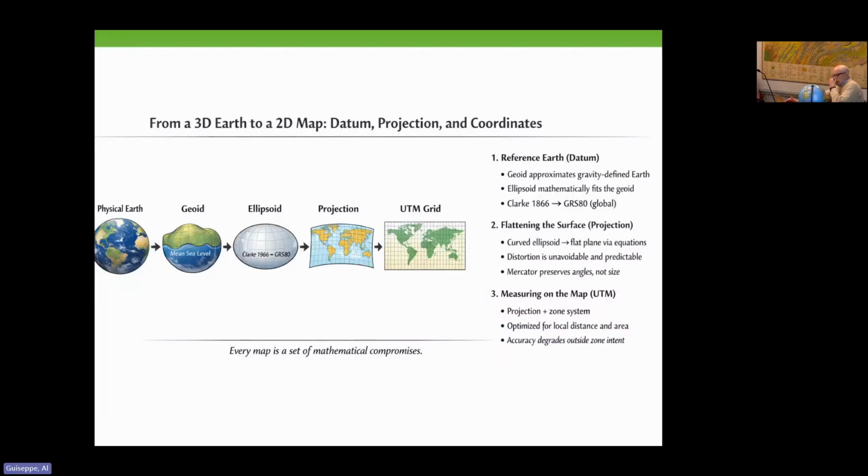UTM is pretty good. It preserves distance and angles, and we can go off on shapes, but it's what we use with the quad maps. And any measurements that you make on a quad map in UTM are actually a great circle calculation. Like from here to here, that's all taken into account, so it's flattened out as a straight line. That's where you can make measurements off of.